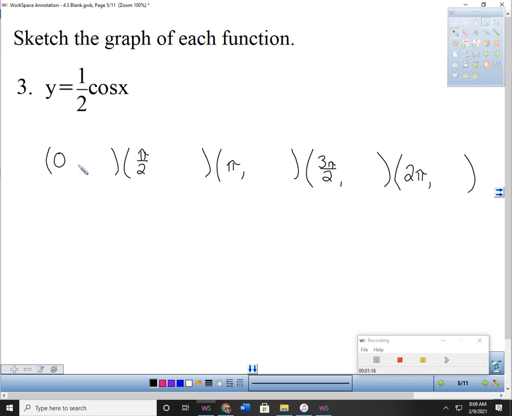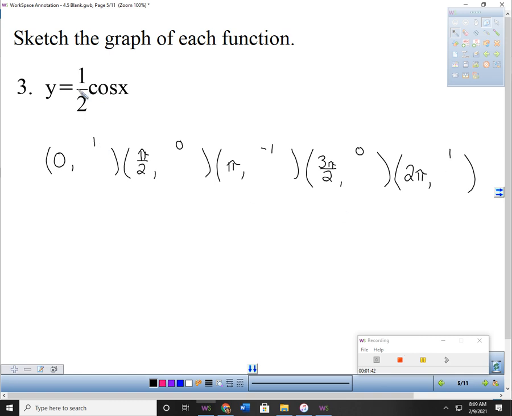And what I like to do is write what I normally am sitting on for a y value. That way I have an outline here. Just right above where I'm going to put my value, I normally start at 1, and then my y value is 0, and then down to -1, back up to 0, and then up to 1.